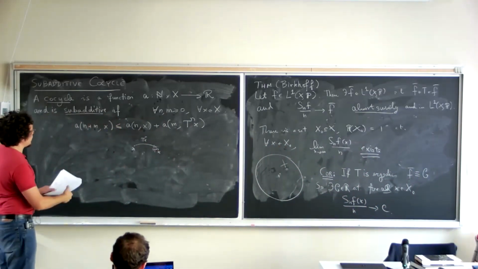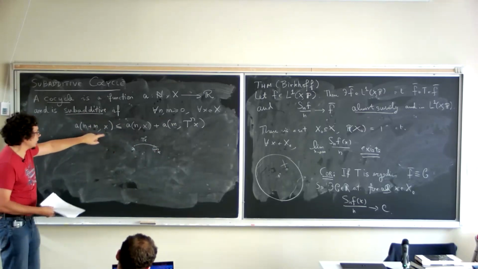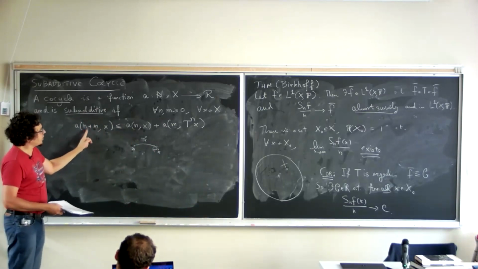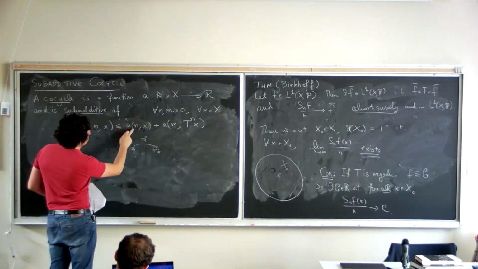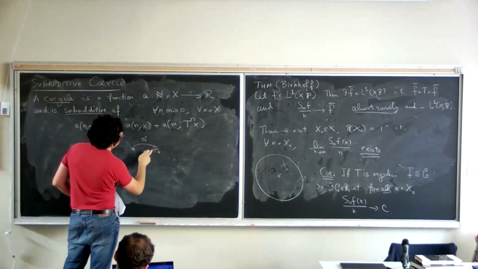And so the point is the cocycle at time n plus m starting from x is comparable to the cocycle starting at x for time n, plus the cocycle from T^n x starting for time m.